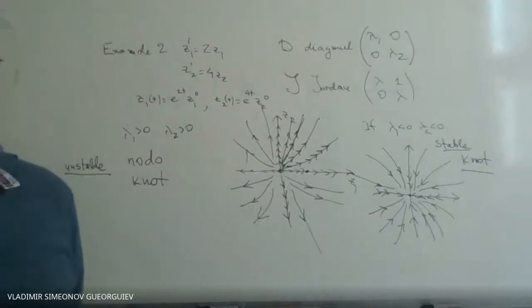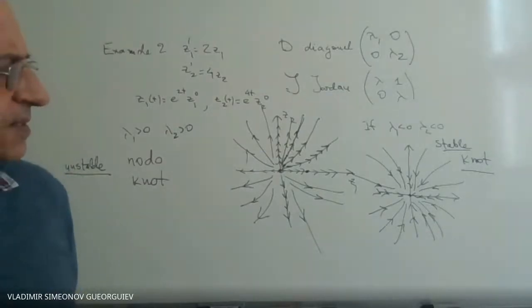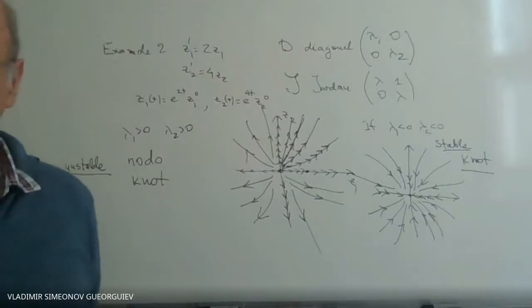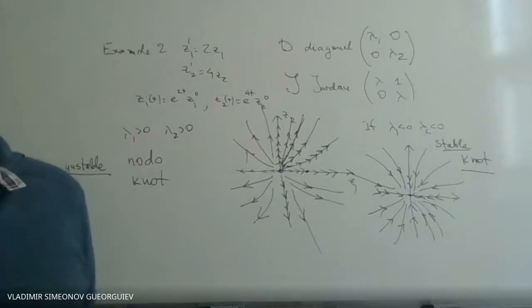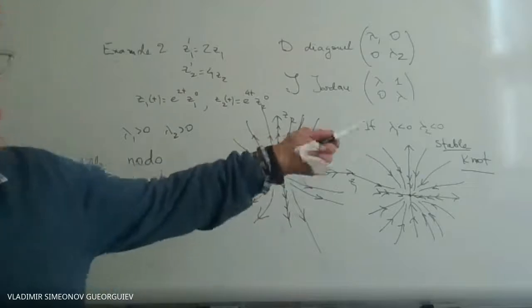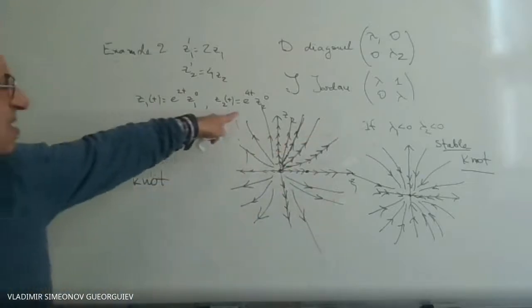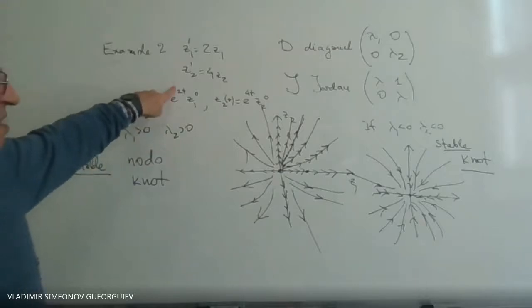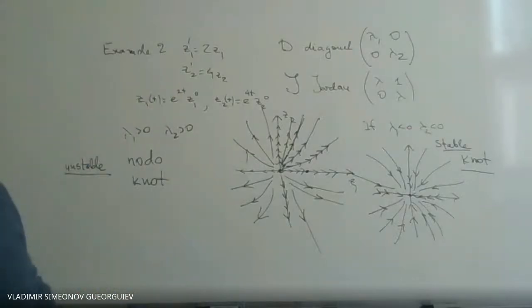This, of course, describes the principal cases when you have two real eigenvalues. Of course, you can ask me what will happen if lambda 1 is 0, lambda 2 is negative, but this can be seen directly from our explicit solution. If you have an explicit solution, you can build the pictures very easily.